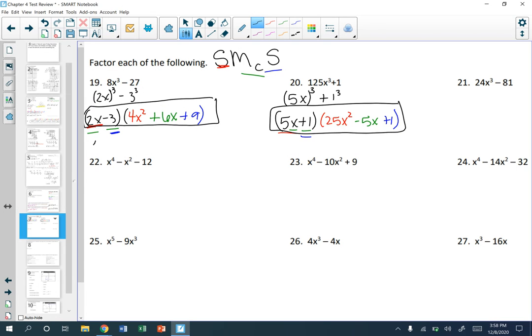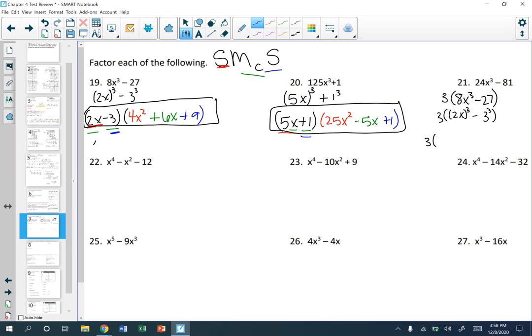For number 21, first I see that there's a factor in common. Both of these are divisible by 3, so I'm going to pull that out first. Then I'm left with 8x cubed minus 27. Now I notice that 8x cubed is the same as 2x cubed. And then 27 we know is 3 cubed. I'm going to pull one of each of those out.